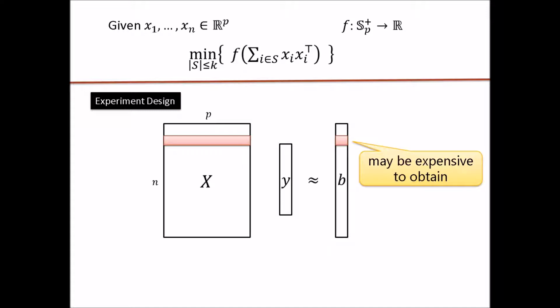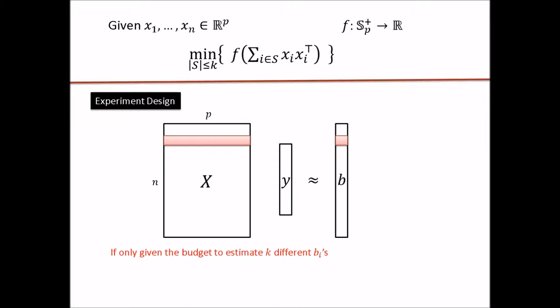Therefore, a question that statisticians really care about is, what if we only have a budget k? Now I need to decide which are the k patients, or more generally, which are the k rows we want to observe their corresponding b_i's.